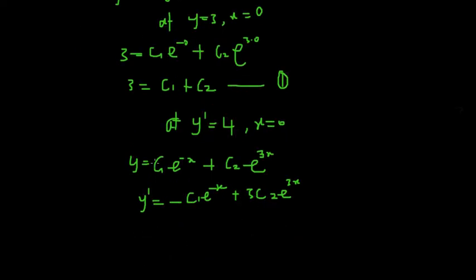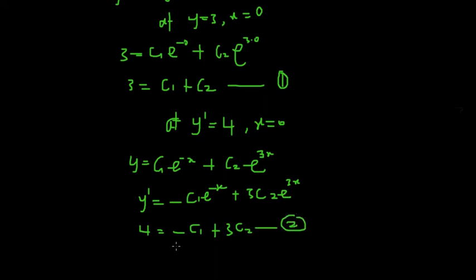Now let's substitute the values. y prime is 4, so 4 equals minus c1 times e exponent 0, which is 1, plus 3c2, because 3 times 0 is 0 and e exponent 0 is 1. So we have 4 equals minus c1 plus 3c2. This will be our second equation.